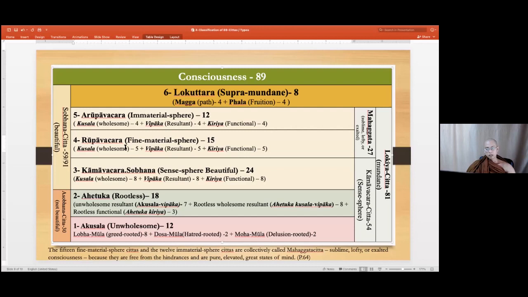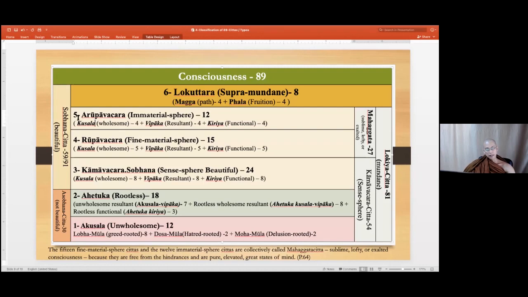This is also easy to classify. The wholesome, 5, the resultant, also 5, and the kiriya, functional, the third category, also 5. In this way, we can understand Rupa Vachara, the fine-material sphere consciousness, 15.